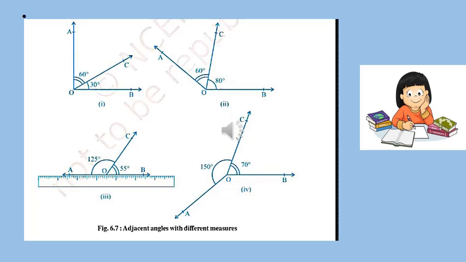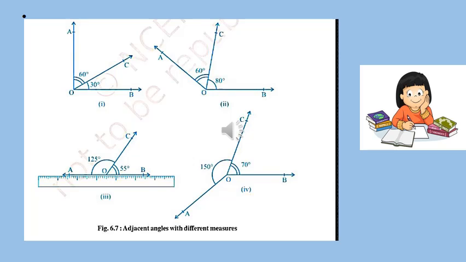See the second figure. Here the measures are 60 degrees and 80 degrees. These two angles are adjacent angles, but they are not supplementary or complementary because their addition is 140 degrees. Now see the next. Again these are adjacent angles, but if you add these two angles, their addition is 180 degrees. So you can call these adjacent angles, a linear pair of angles, or supplementary angles.